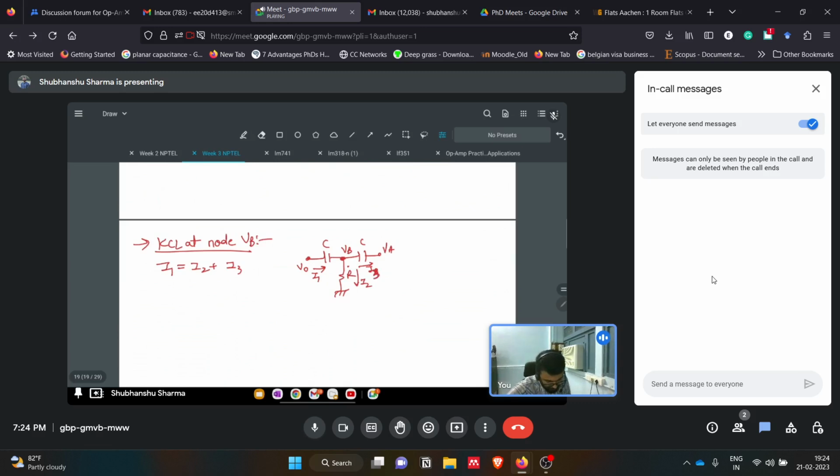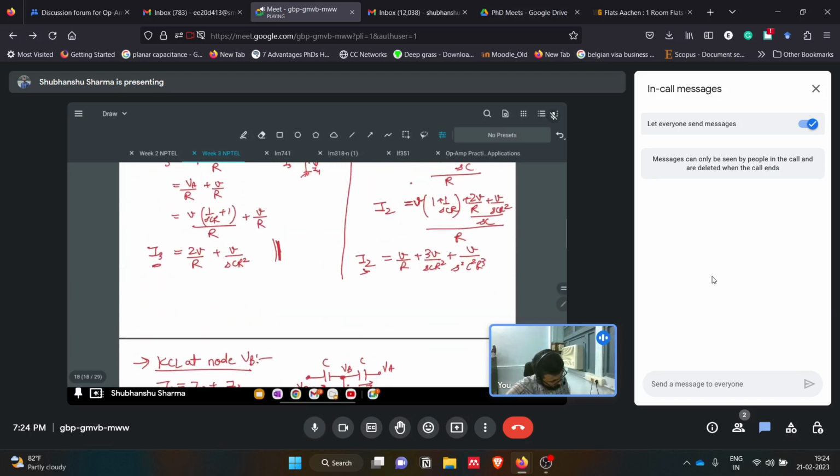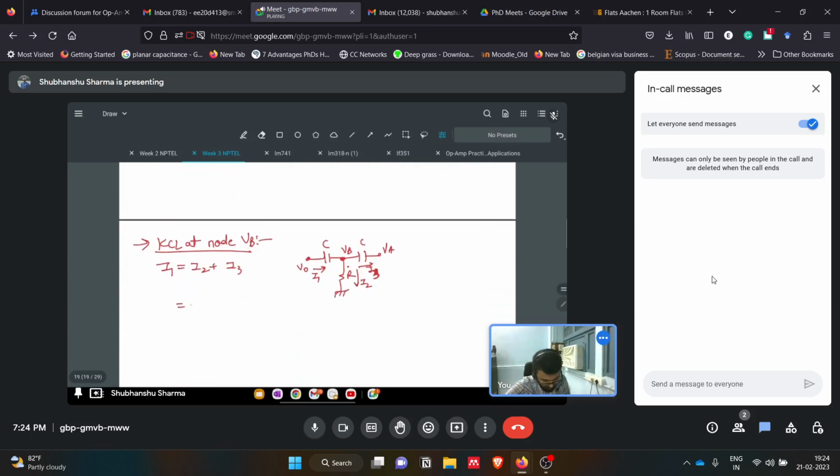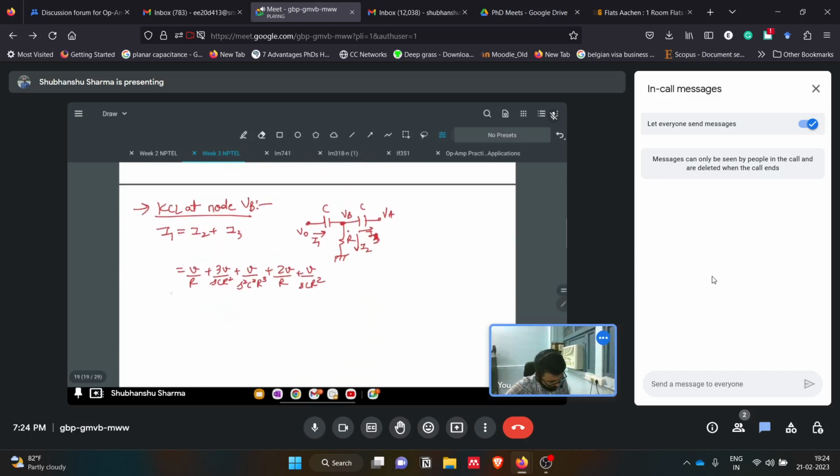Then we simply use I3 and I2 from here. We got V by R plus 3V by SCR square plus V upon S square C square R cube plus 2V by R plus V by SCR square. Now we got I1 also. Now VB, again we are using KVL.